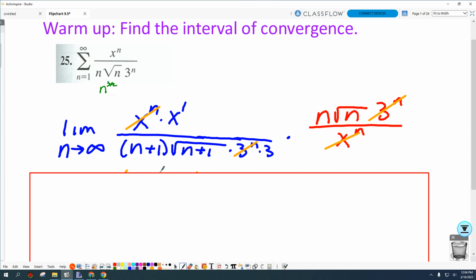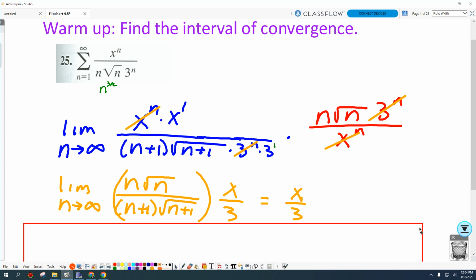Do we agree? And writing it this way means when I cross things out, it's cleaner, and I don't lose that x to the first, possibly. And down here, I changed 3 to the n plus 1 into 3 to the n times 3 to the first, pull them apart, so those 3 to the n's canceled.